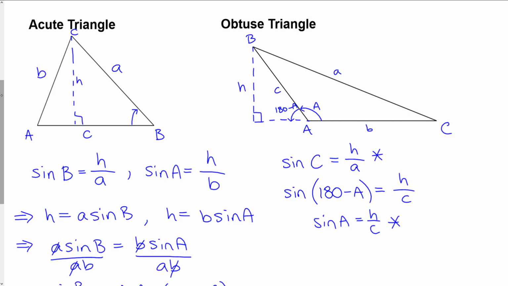So that's the three different types we have: acute, obtuse, and right. So our standard methods that we learned earlier in the class work for right triangles, and these will work for the obtuse and the acute.